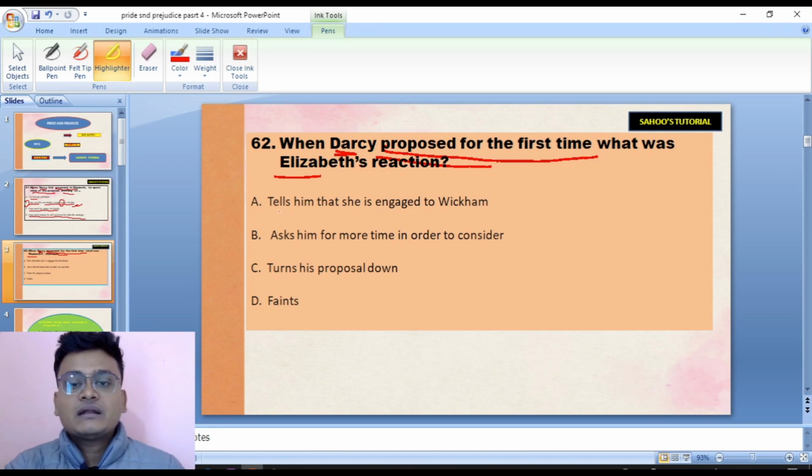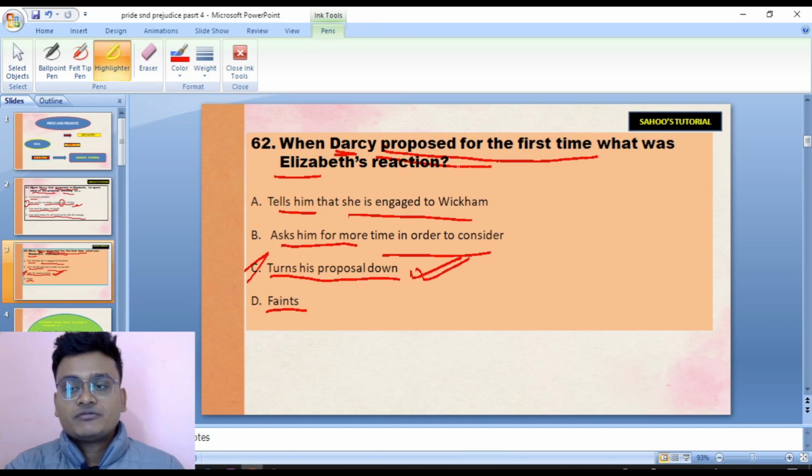Now the options are: tells him that she is engaged to Wickham; asks him for more time in order to consider; turns his proposal down; or option D, faints. So please do write in the comment box. So option C, that is turns his proposal down, is the right answer.